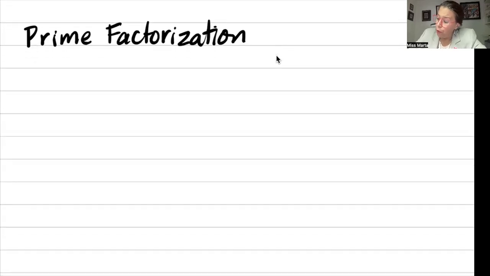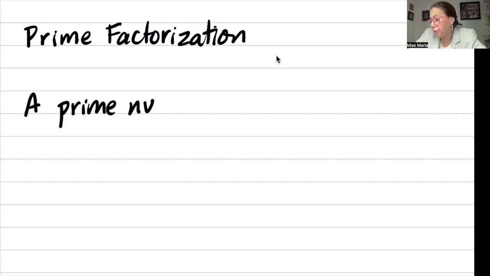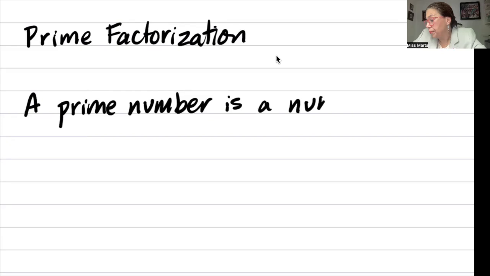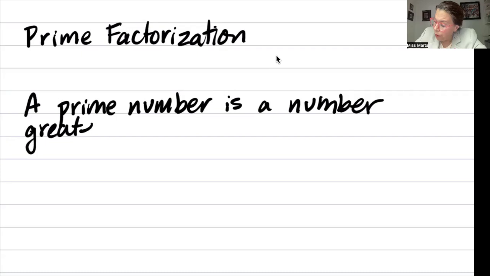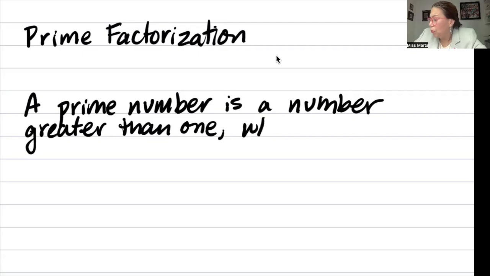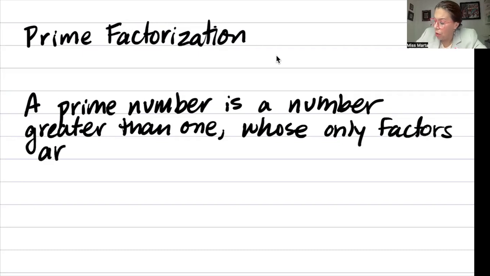Prime factorization. All right, the first thing we're going to discuss is what is a prime number? So a prime number is a number greater than 1 whose only factors are 1 and itself.